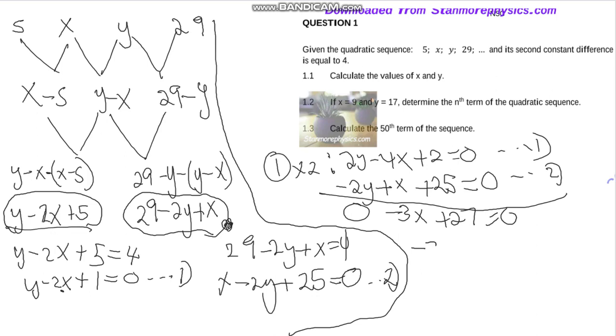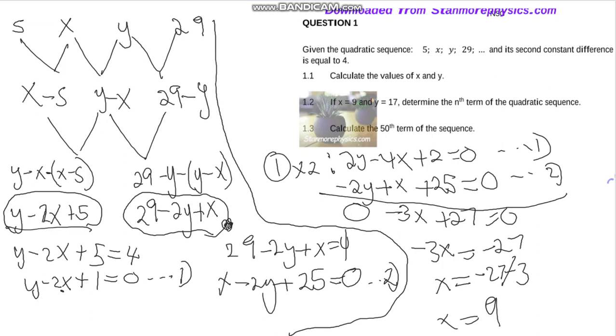Now you'll have 3x is equal to negative 27. Now x will be equal to negative 27 divided by negative 3. x is equal to 9.